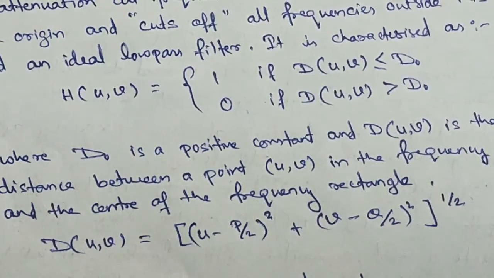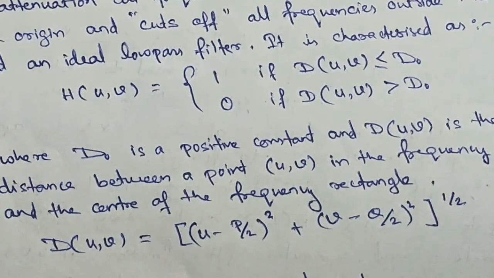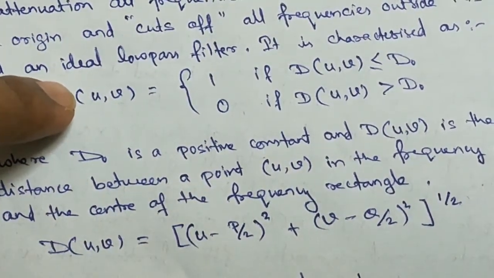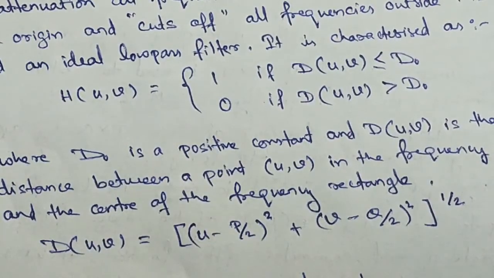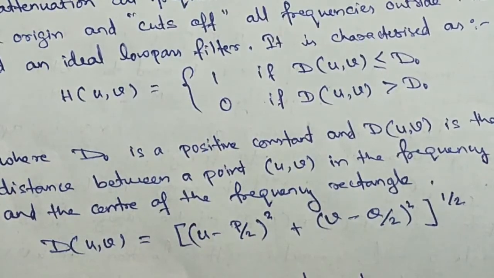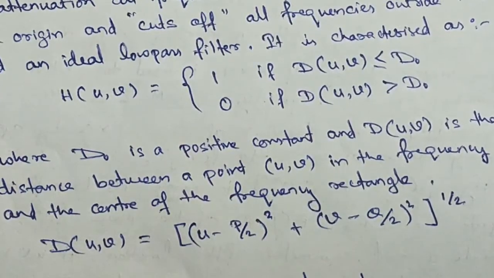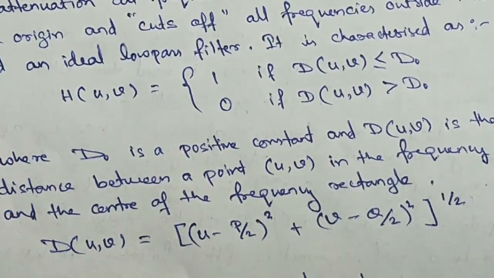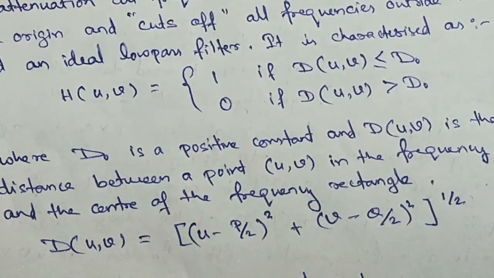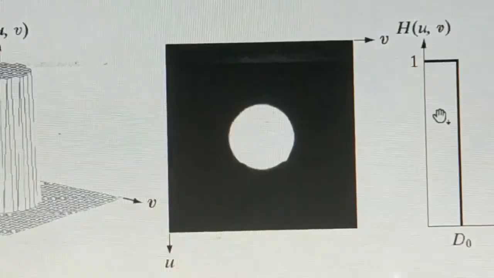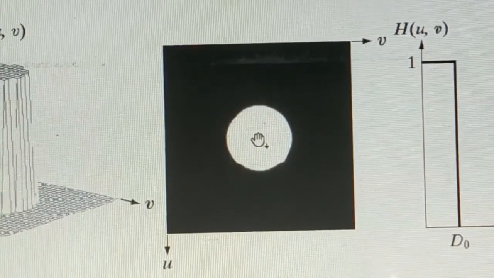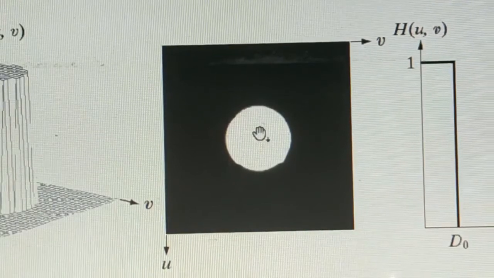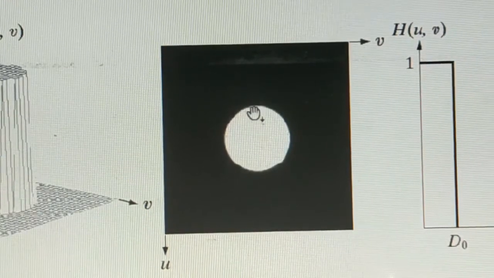It is on the basis of this distance that the frequency response of the ideal low pass filter is defined. H(u,v) is 1 when the distance D(u,v) is less than or equal to d0, and H(u,v) is 0 if the distance D(u,v) for a particular value of u and v is greater than d0. Here this is the point (p/2, q/2), and from here this is the radial distance d0.